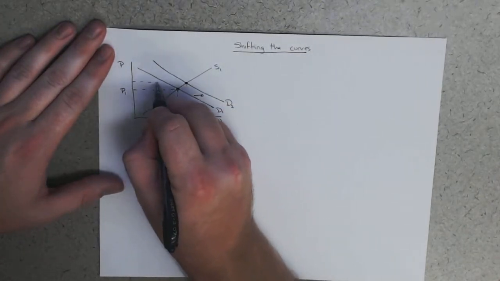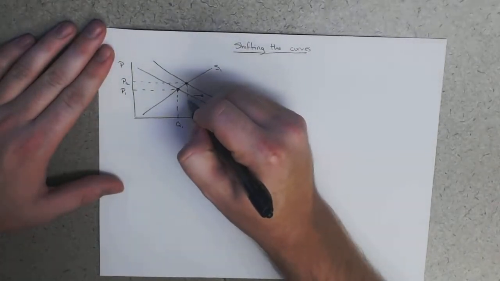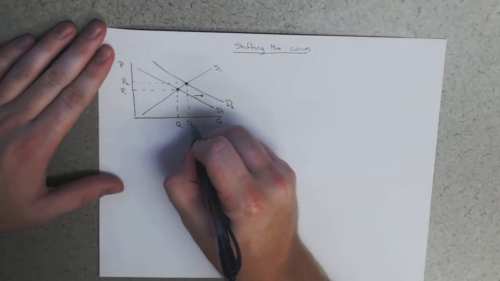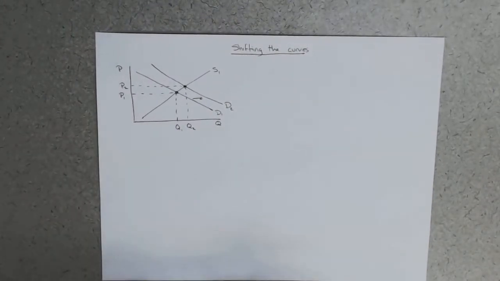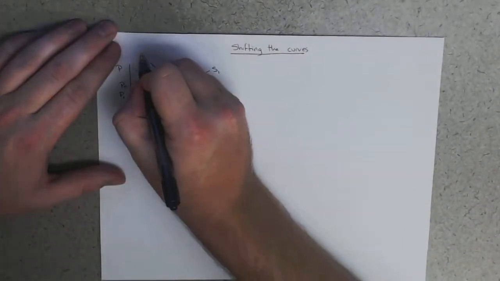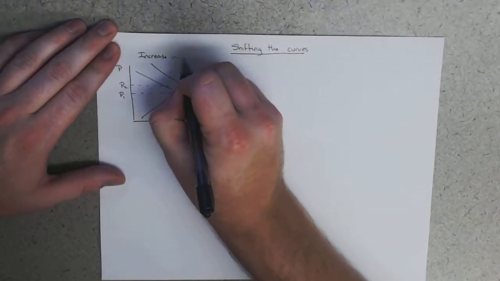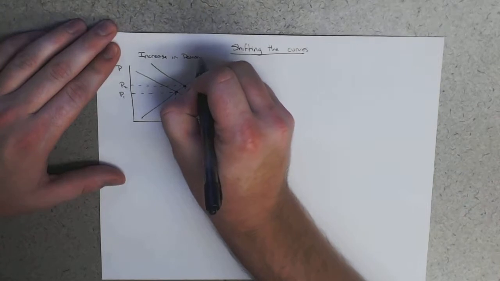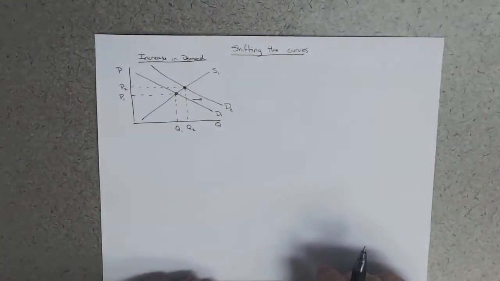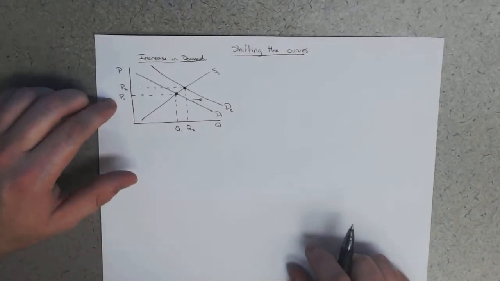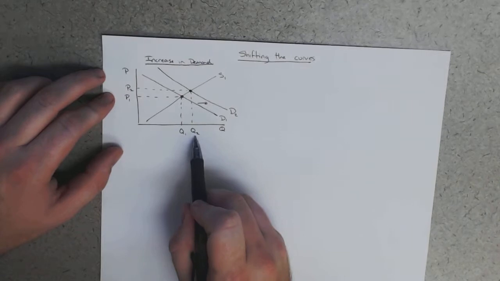And we found that both price and quantity have increased. Right, an increase in demand leads to both an increase in price from P1 to P2 and an increase in quantity from Q1 to Q2.